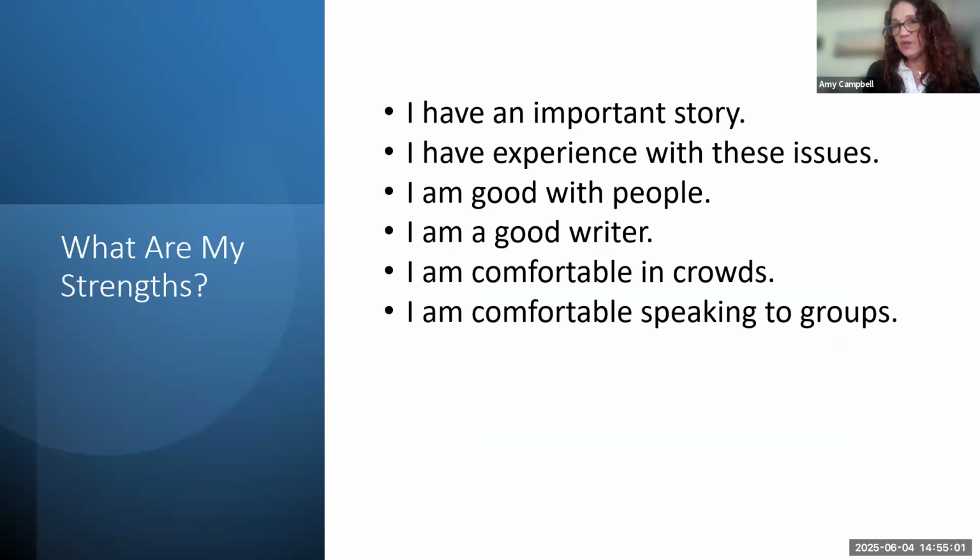But let's imagine that you have a key issue and you have decided that you care about this more than anything, and you are going to plow ahead to create change on this particular topic. How are you going to set up this advocacy plan? Well, your first resource is yourself.